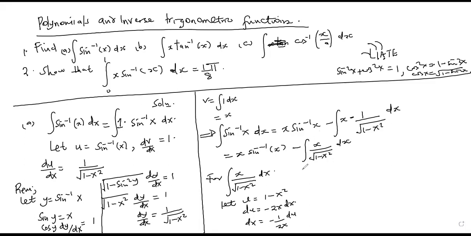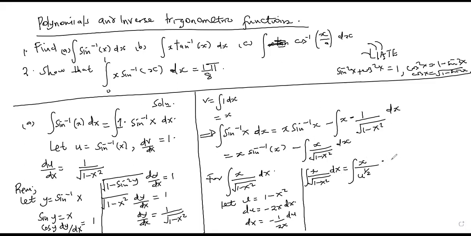So the integral of x over root 1 minus x squared dx is going to be equal to the integral of x over root 1 minus x squared. This we called u, so it is going to be u to the power half because of the root, times dx.